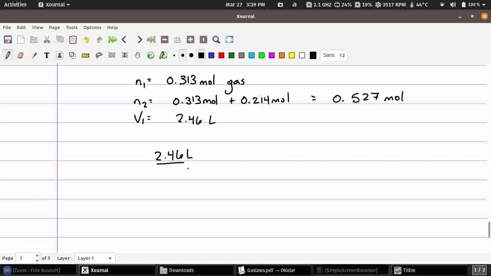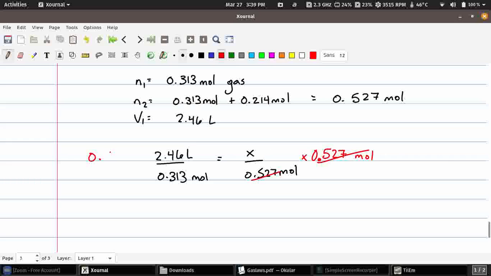If you are very good at using the equations, you'll be just fine on your exams for this unit. Equals, we don't know what volume 2 is, so we just write X over 0.527 mole. So again, you can cross multiply, doesn't matter, but I'm going to show you the way I do it. So I just multiply both sides by 0.527 moles, which will cancel that on that side and leave X alone.